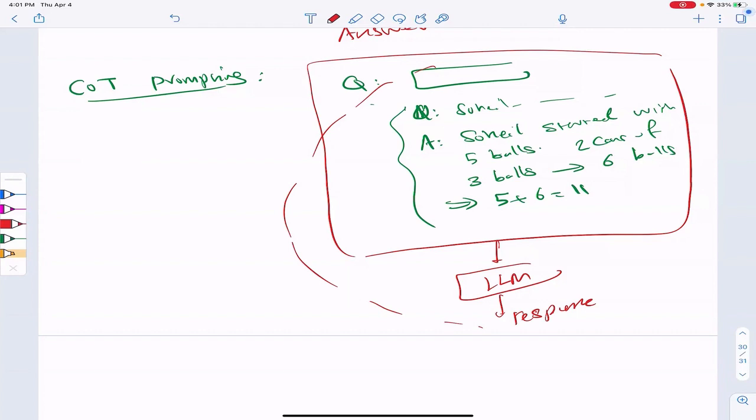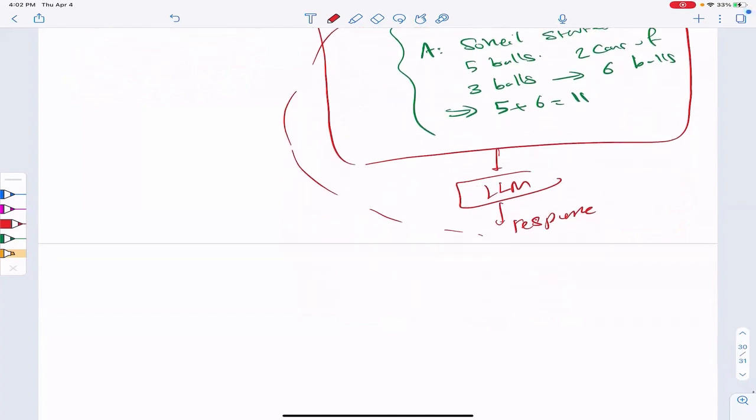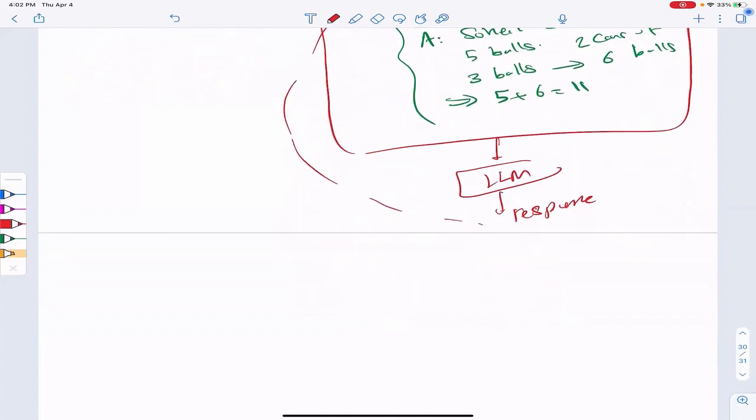I love the LLM community because they come up with amazing names, like chain of thoughts. But that's basically it: just explain your answer in the demonstration example.